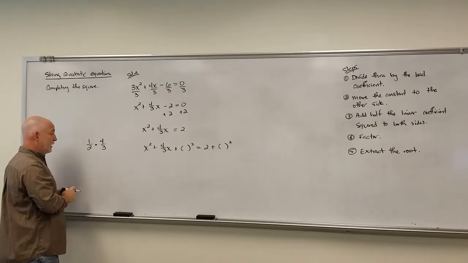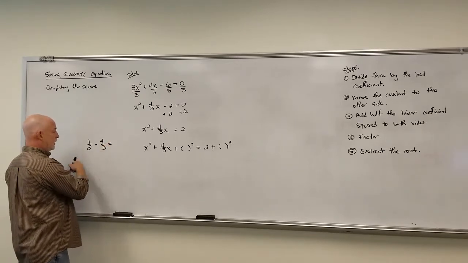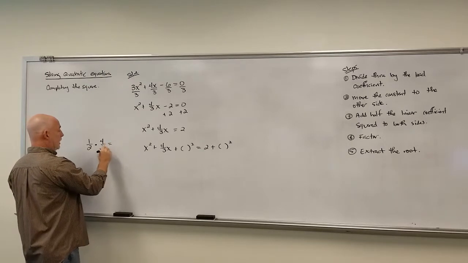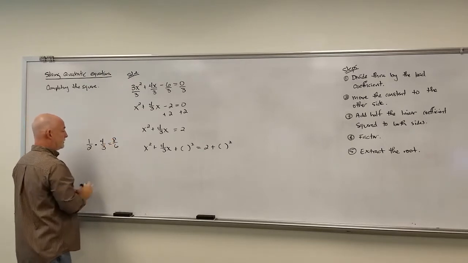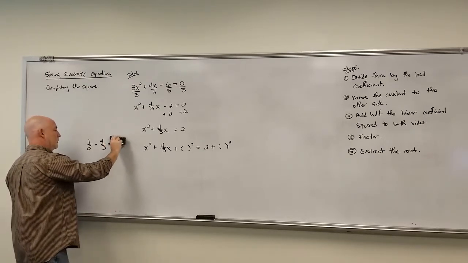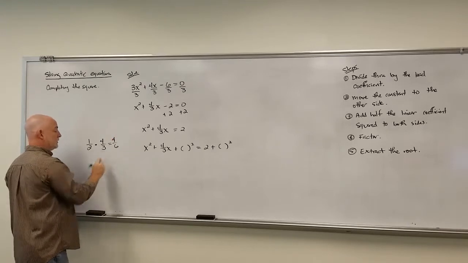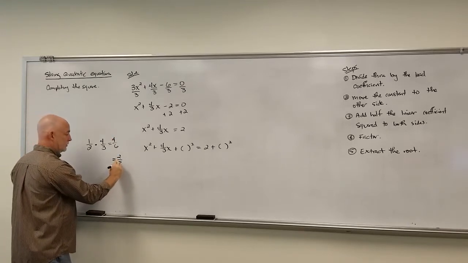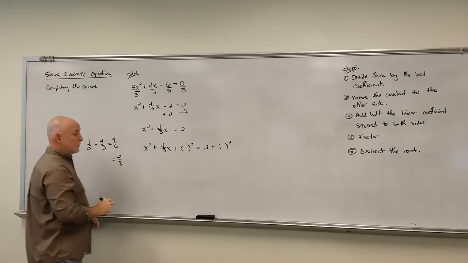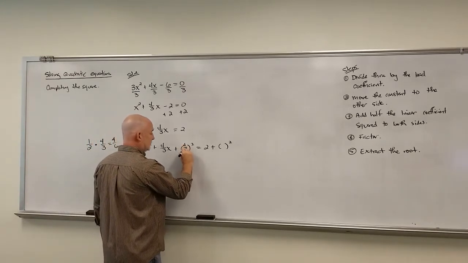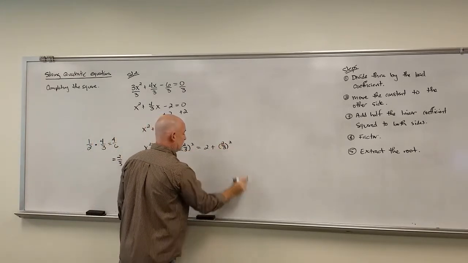So when we multiply fractions, we can multiply straight across. Now we can reduce first if you want to. But notice if you multiply straight across the top, we get 4/6, which reduces to 2/3. All right, so we put 2/3 into our parentheses here, 2/3 and 2/3.